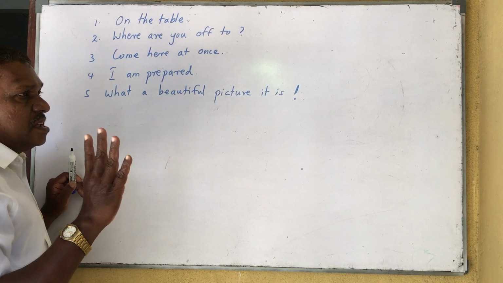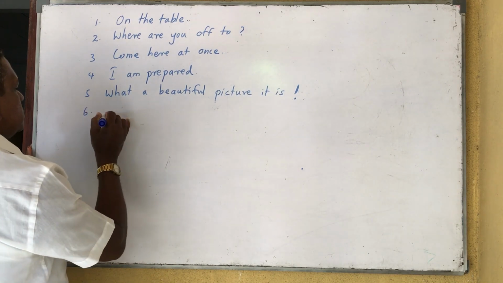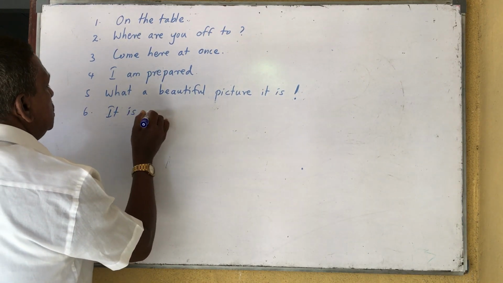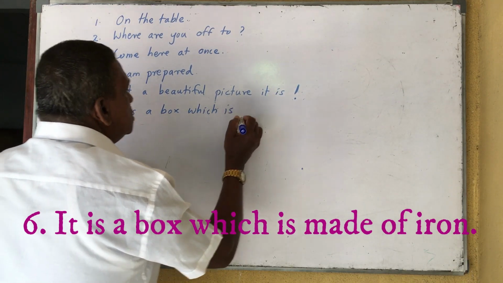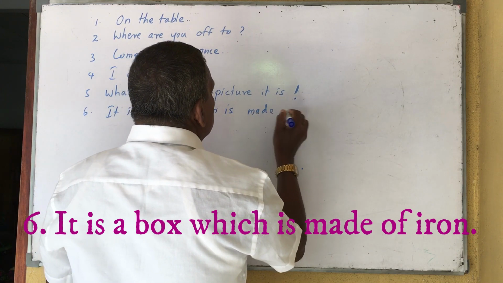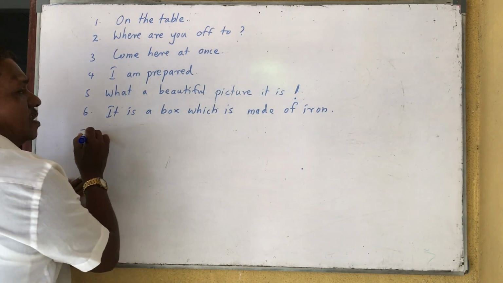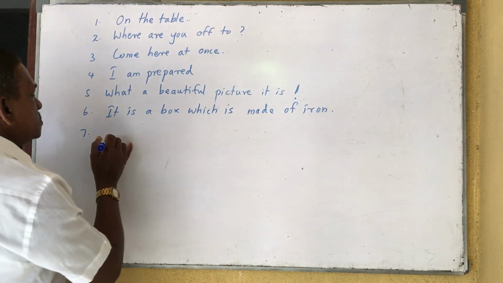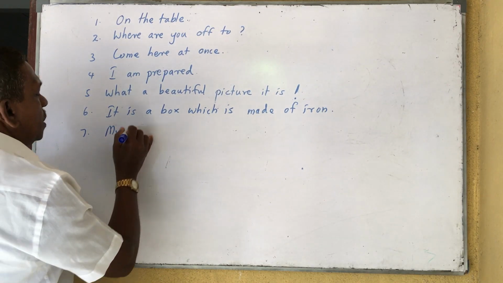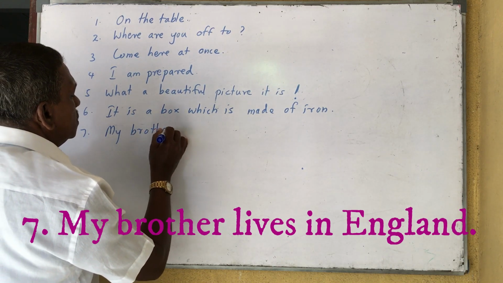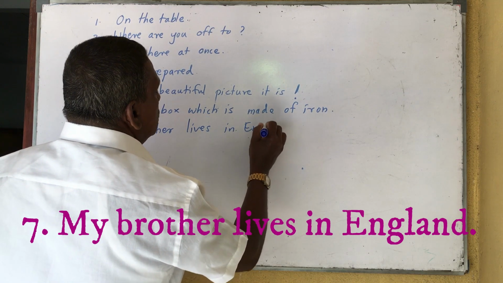There are 4 kinds of sentences in the English language. Sixth one, it is a box which is made of iron. Then the seventh one, my brother lives in England.